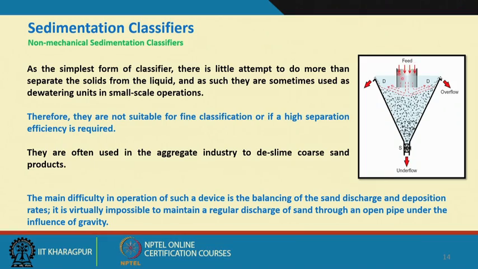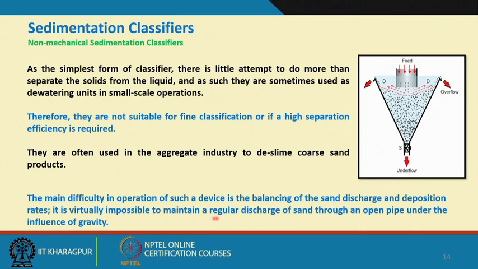So, I can pour the sand and clay particles in along with water. What will happen? The clay particles will be removed, or collected, through the overflow along with a large volume of water, and I can separate the coarse particles here. So, I can have a separation between clays and the coarse sand product, and that is called the desliming stage.